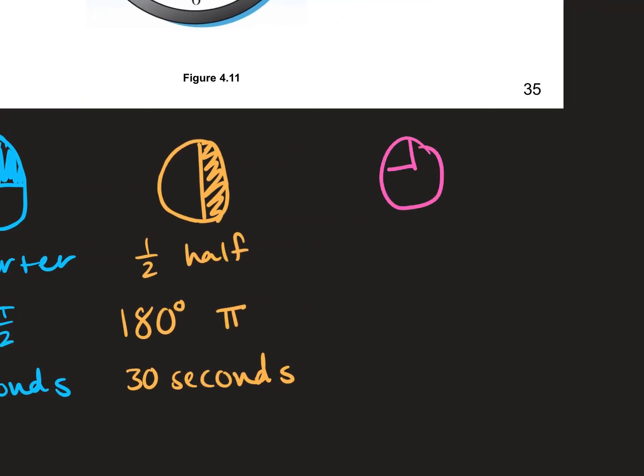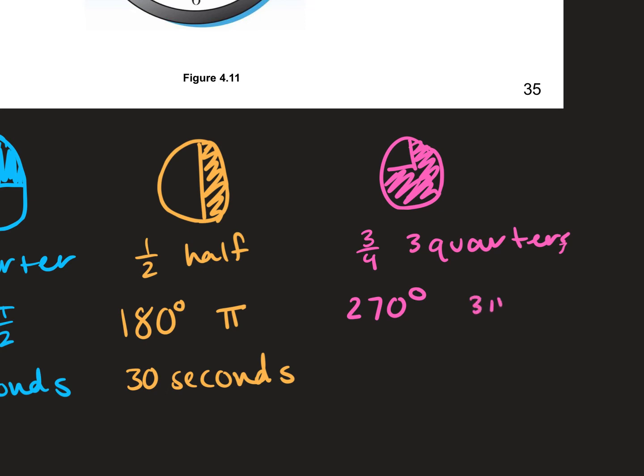Let's say I had 3/4. How many degrees? 270. How many radians? 3 pi over 2. And how many seconds? 45 seconds.